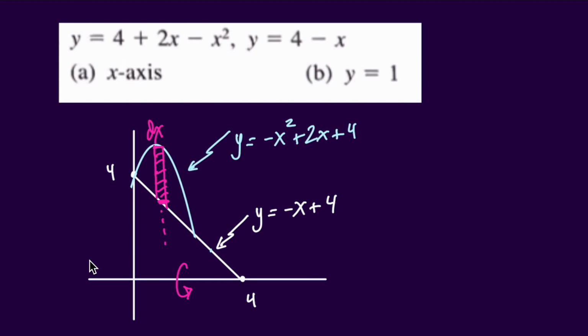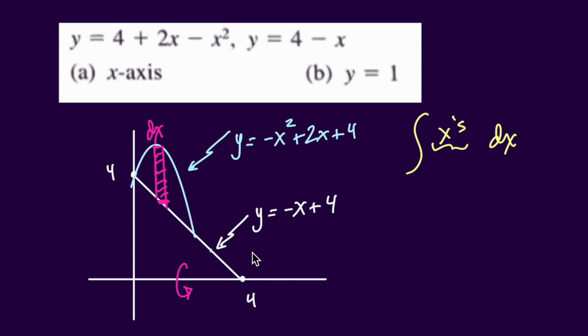So we know we're going to be dealing with a washer situation. Okay, let's complete the details of this graph. The fact that we're dealing with dx means we're going to be integrating with dx, which means we want x's in the integrand. We have to be solved for y. We are already solved for y.